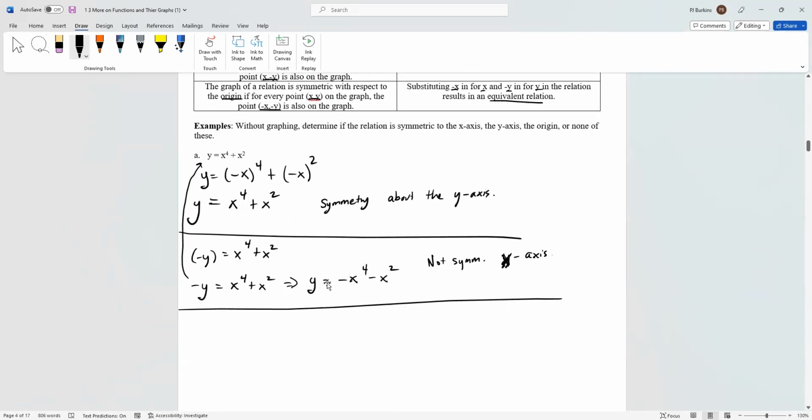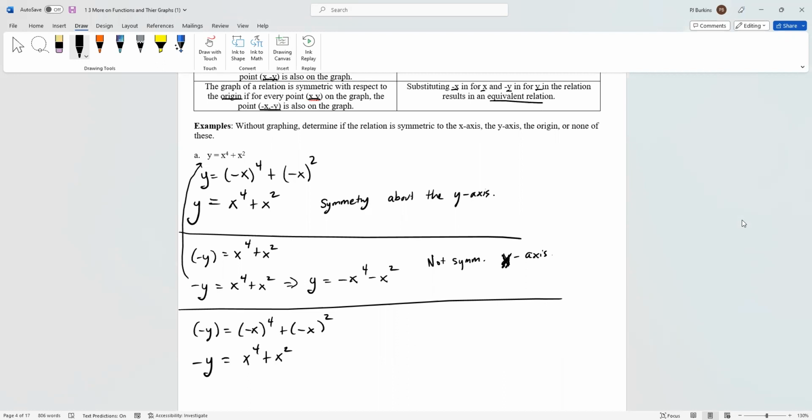Okay, and then let's try the origin. So we need to do both of them. All right, so let's plug in a negative y and a negative x at the same time. And so we get minus y equals x to the fourth plus x squared.